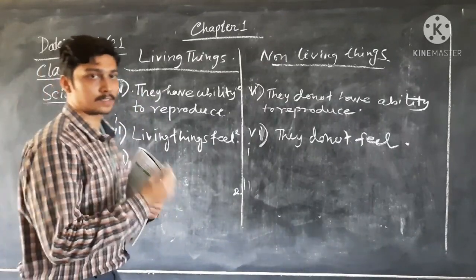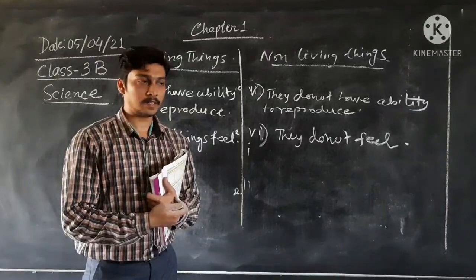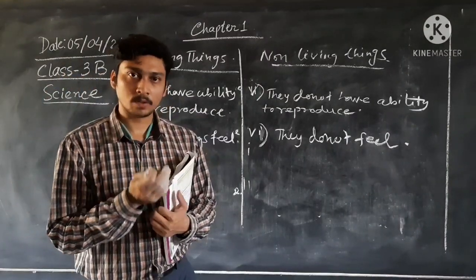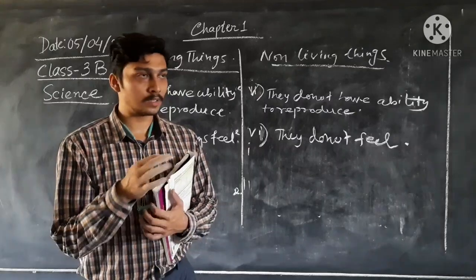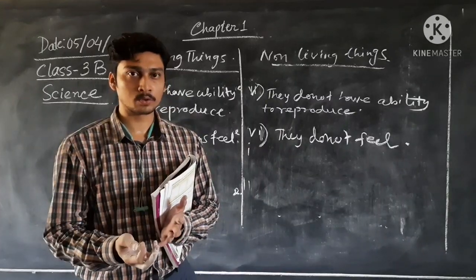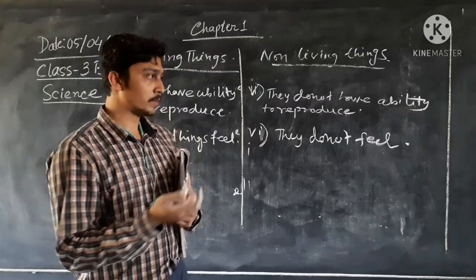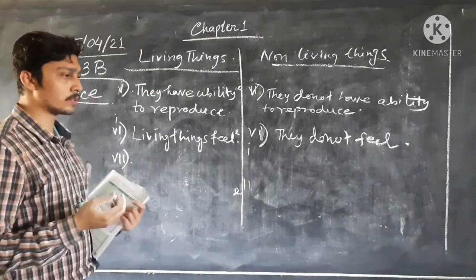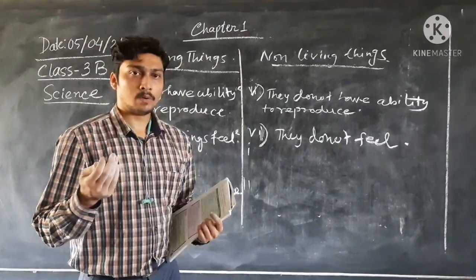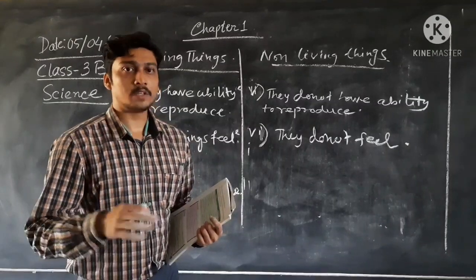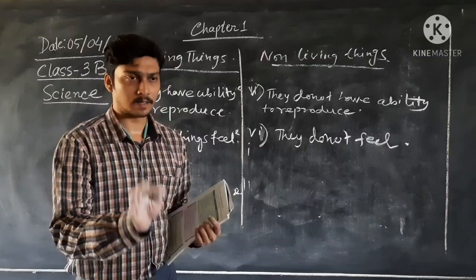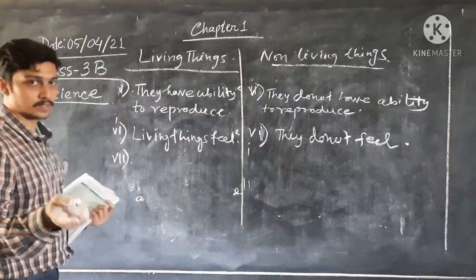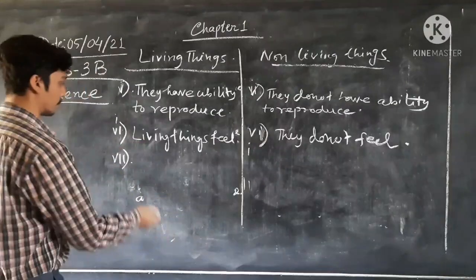Living things excrete. That means, you see that I am now sweating because I am a living thing. Because the weather is hot, I am now sweating. I am giving out wastes as urine and sweat. So that is called excretion, giving out wastes.